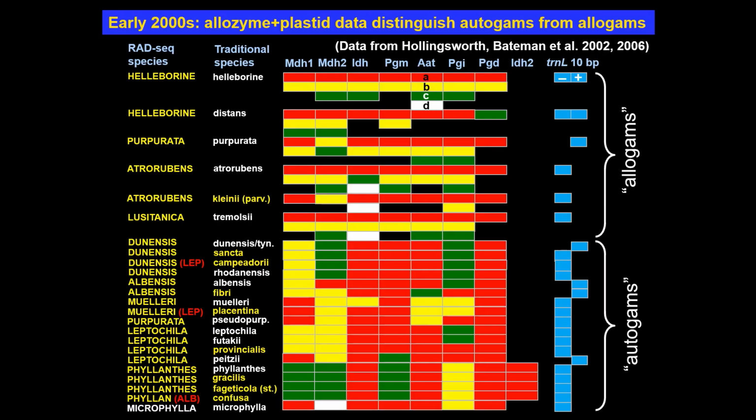What about genetic evidence in these Helleborines? Well, I'm going to begin by just showing one diagram of protein information. In other words, the most primitive of the three techniques we could apply to this problem, that Pete Hollingsworth and I acquired in the late 1990s and early noughties.